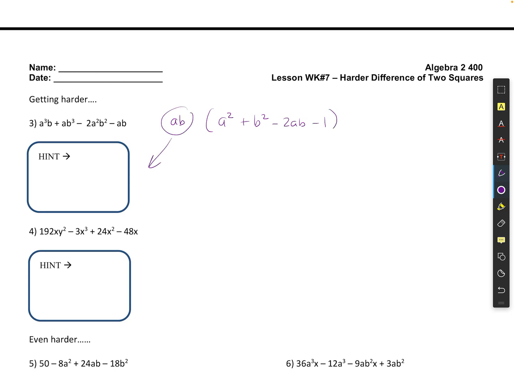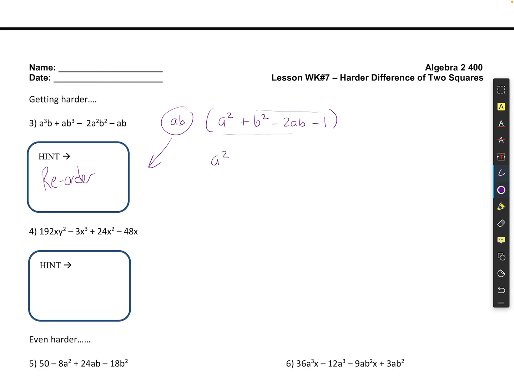So I take my GCF and put it off to the side like I always do. Now the question is, where is the perfect trinomial? Is this a perfect trinomial? No. Is this? No way. So for a problem like this, we have to reorder. So I see it.